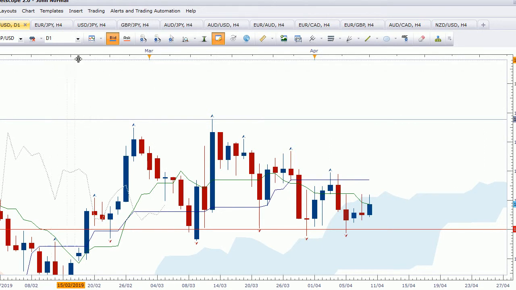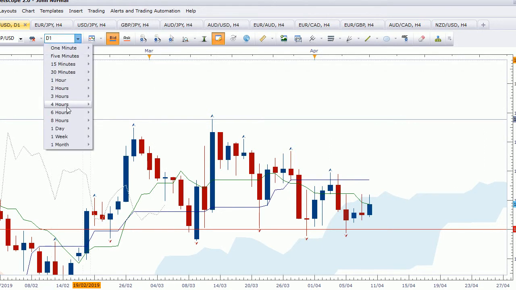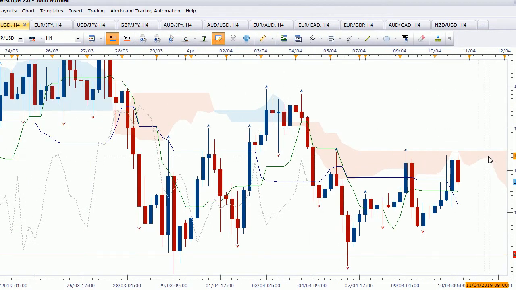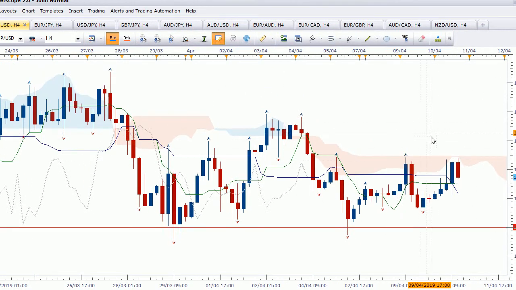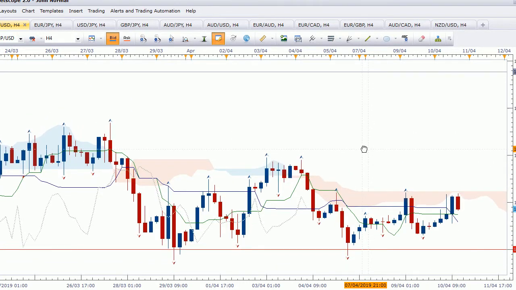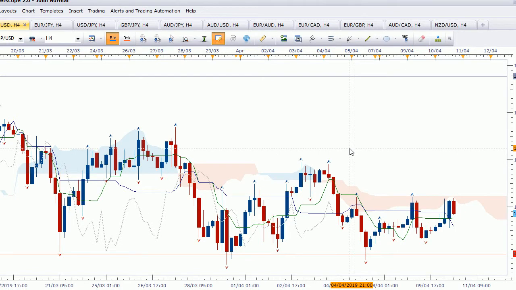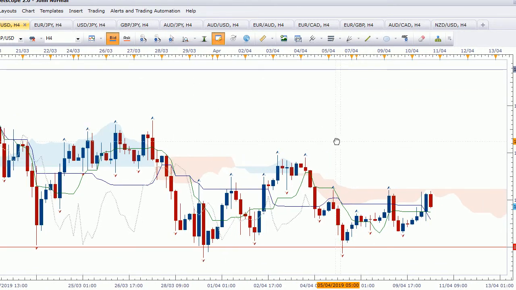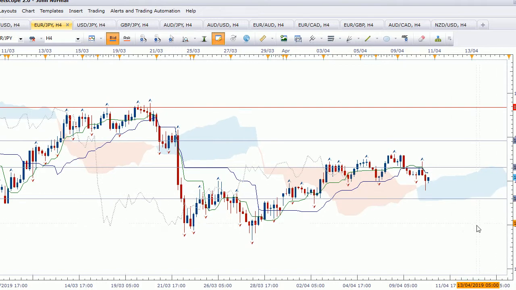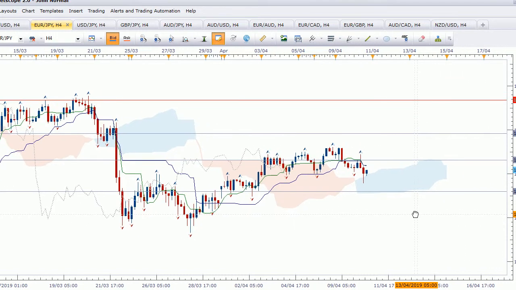But at the moment the market's so quiet, I'm having to go down to the 4 hour to see if there's anything. Not to see if I can get a trade, just to make sure I'm not missing a nice level that's not as clear to see on the daily. Okay.